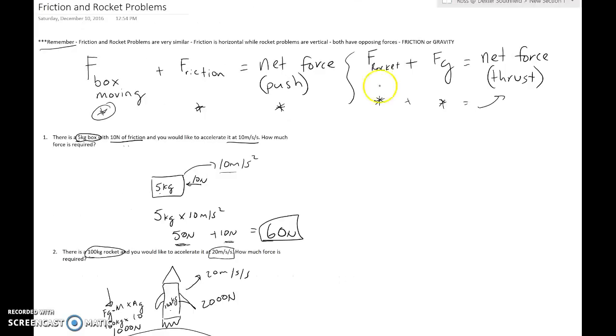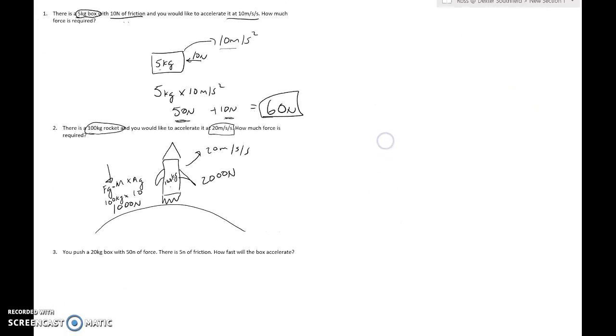So up here, we've got the force of the rocket plus the force of gravity to equal the net force. Therefore, 1,000 plus 2,000 equals 3,000 newtons of net force. That's the amount of force necessary to overcome gravity and to accelerate that object.